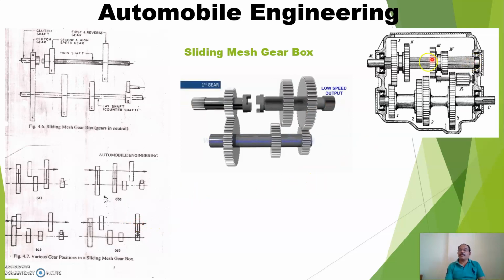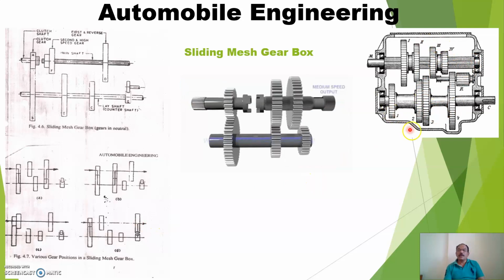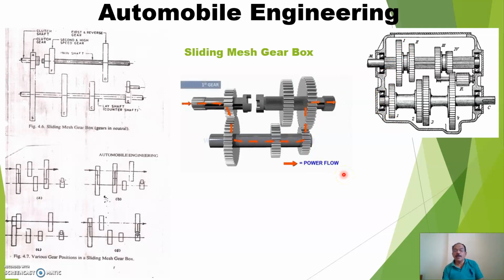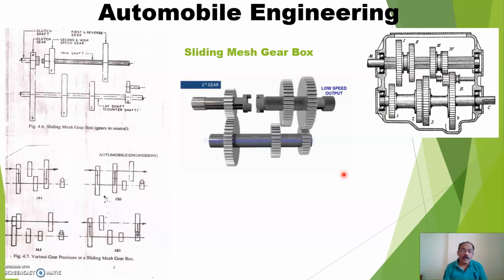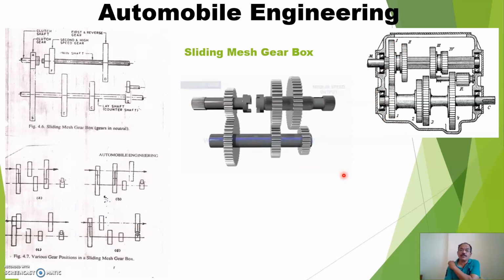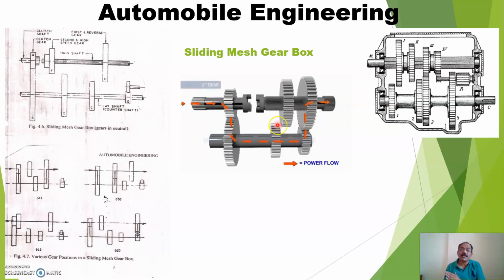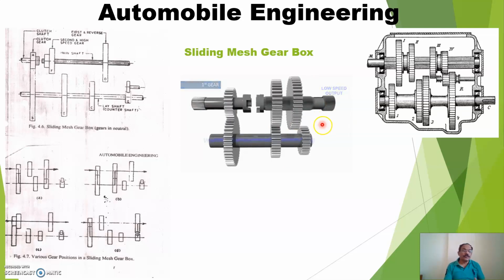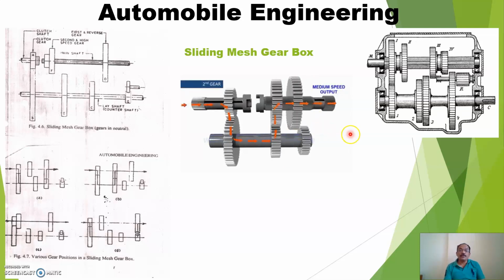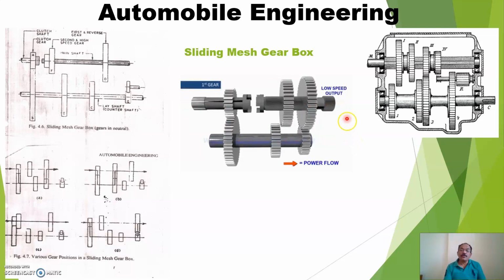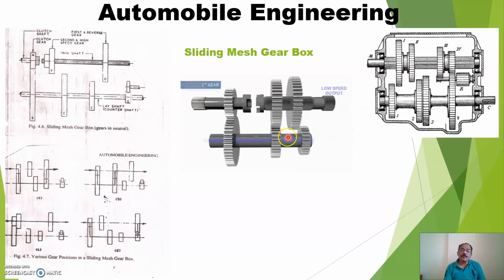Such types of gearbox were used in the earlier vehicles, where the sliding mesh gearboxes are very noisy, because physically you have to shift the gears and physically you have to engage the gear. You can also observe such a gearbox in your lathe machine.